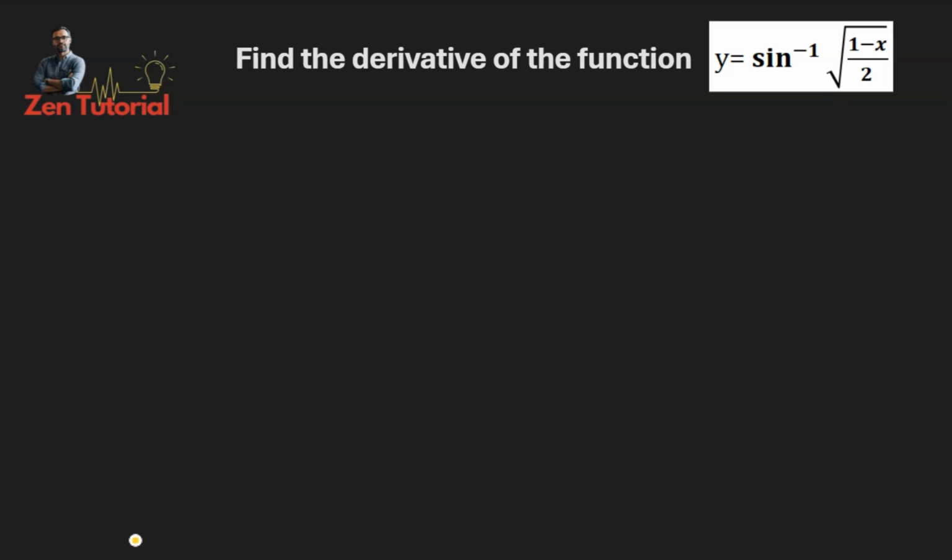In this example, y equals sine inverse, and the angle is different. The angle is actually the square root of (1 minus x) over 2. We can solve this problem in two ways. Let's start in a very basic way. Here the angle is different, so let's consider this as p. So let p equal the square root of (1 minus x) over 2.